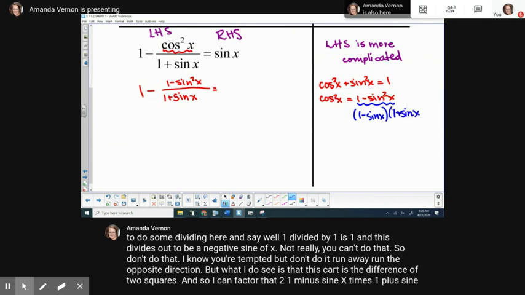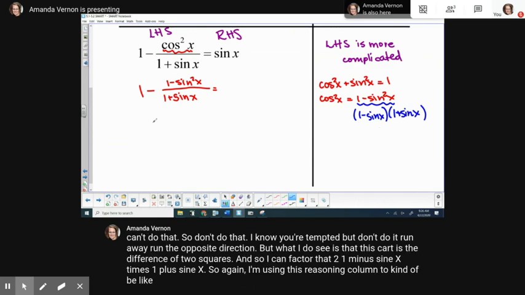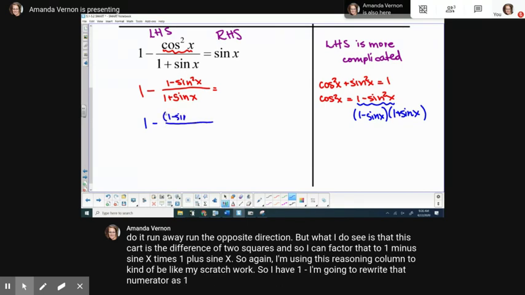So again, I'm using this reasoning column to kind of be like my scratch work. So I'm going to rewrite that numerator as 1 minus sine of x times 1 plus sine of x. And on the bottom, I have 1 plus sine of x.